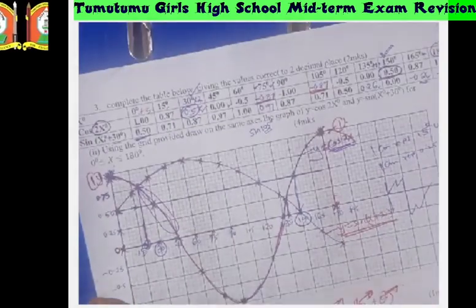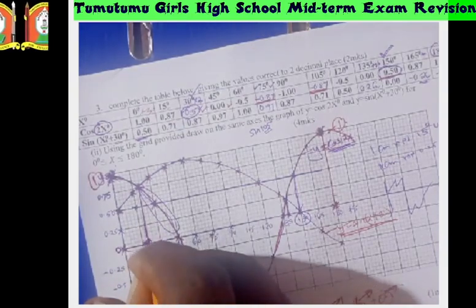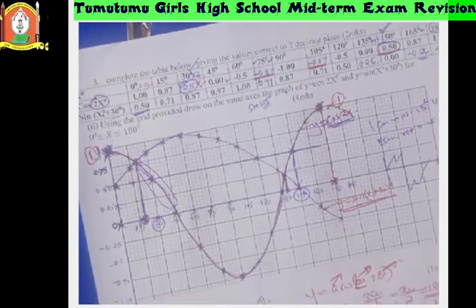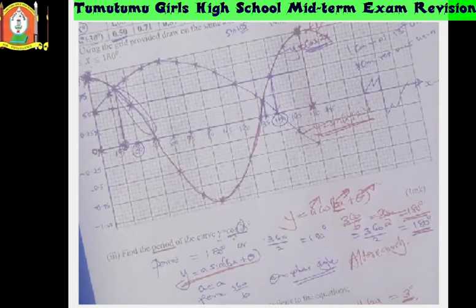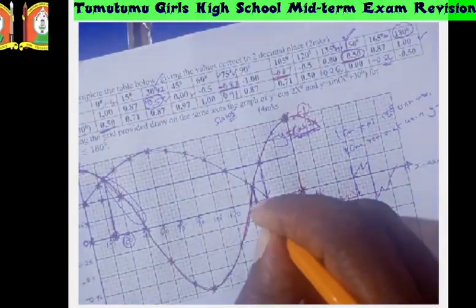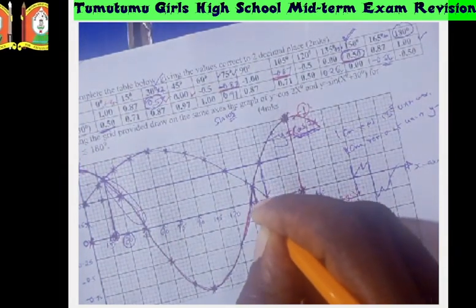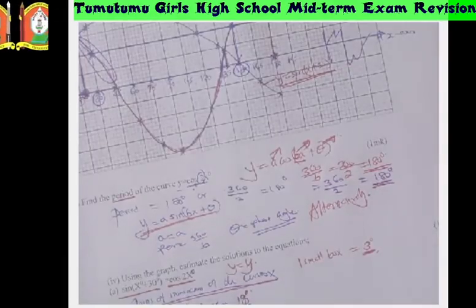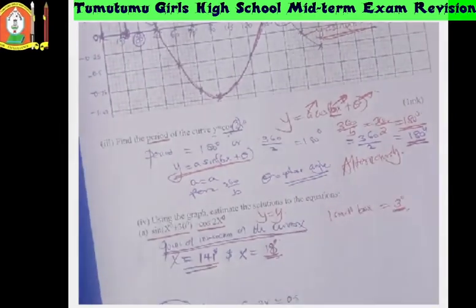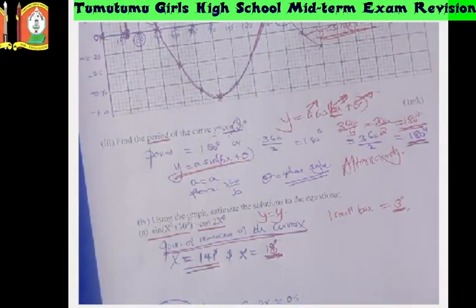We read this one, and it gives us 15 plus something like 3, so it should be 18 degrees. And this one is 135 plus 3, 138 plus 3, 141. So the two values of x are 18 and 141 degrees.